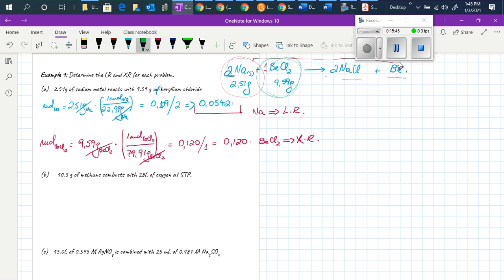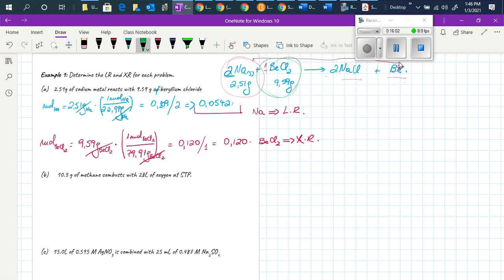Whichever is the lowest is the amount that is produced, and whatever you started with for that is the limiting reactant.